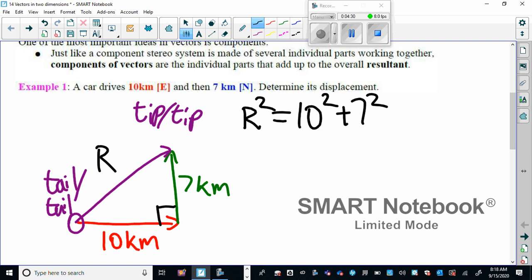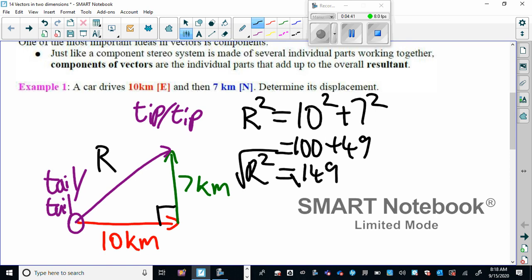Solve for R. Remember, you've got to take the square root, so R turns out to be 12.2, which makes sense. Clearly, it's not 149. If this vector here is 10 and this vector here is 7, there's no way that that purple vector can be 149. 12.2 sounds reasonable. It's the hypotenuse. It's going to be longer than the other two sides.